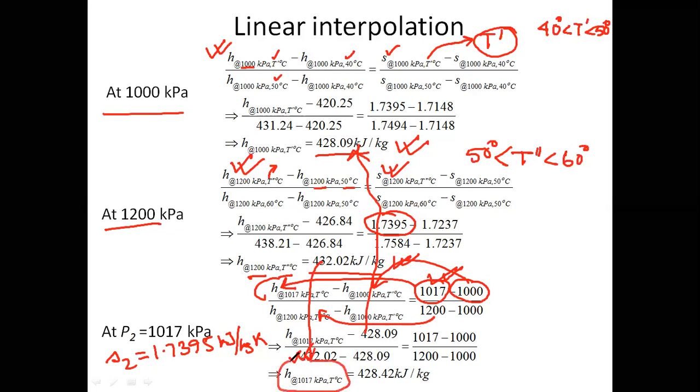You see the value of enthalpy at 1017 kilopascal and T degree centigrade. Now how to calculate T degree centigrade? T will be in between T prime and T double prime. That is not needed. Only H at 1017 kilopascal and T degree centigrade is 428.42 kilojoule per kg. That is nothing but H2.